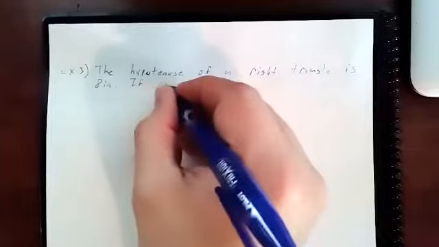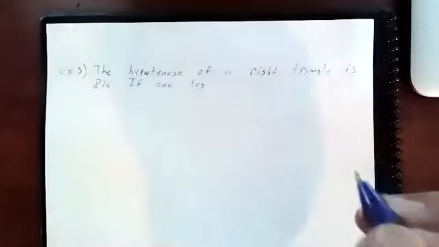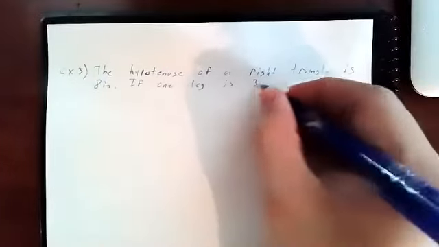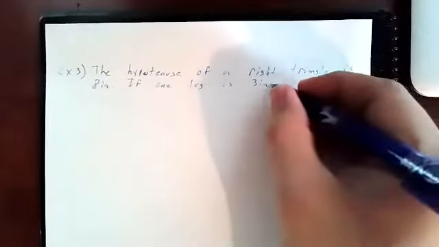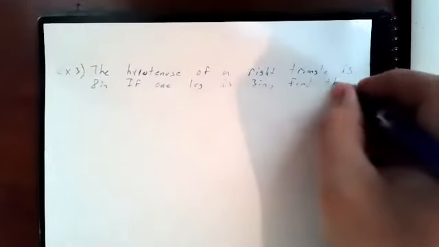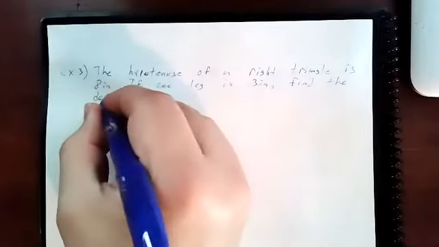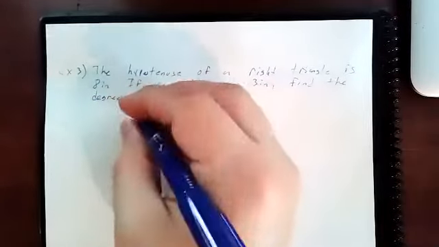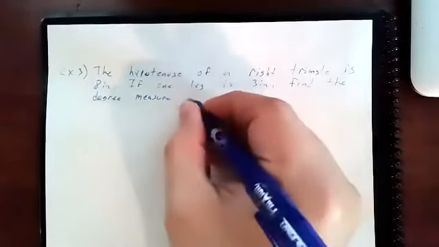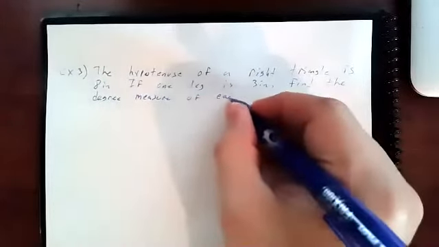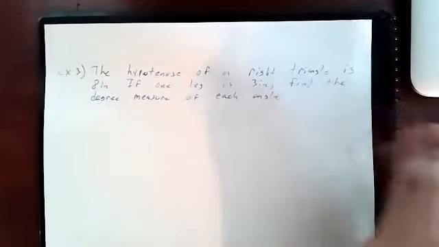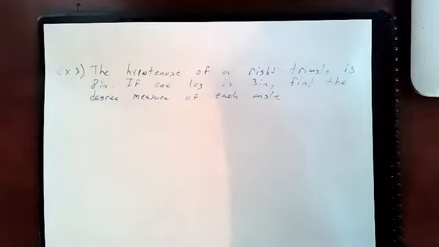If one leg of the triangle is 3 inches, find the degree measure of each angle. So here they don't give you a picture, so we have to build it ourselves.